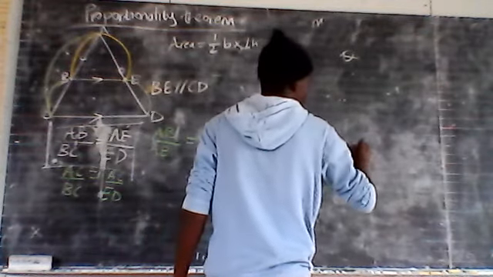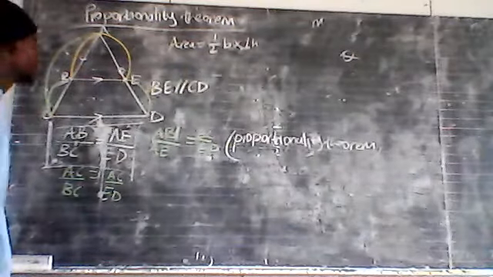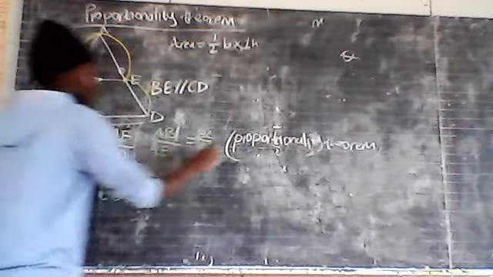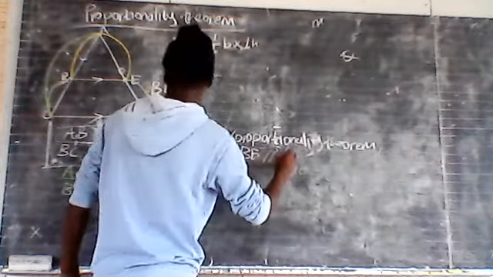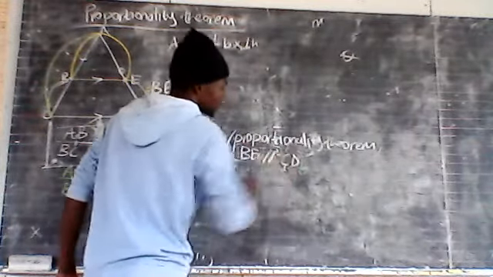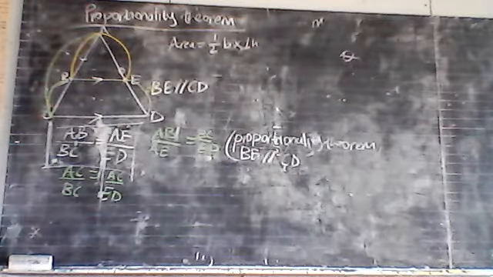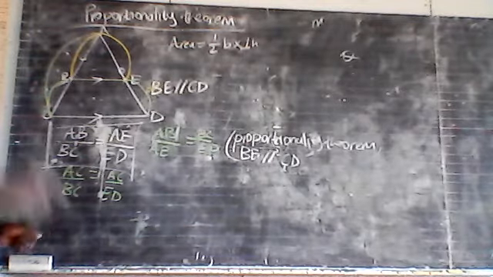And you also have to state which lines are parallel. So BE is parallel to CD, because this theorem has that part that says the line is parallel to the third side, guys.